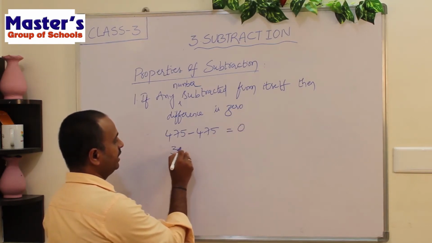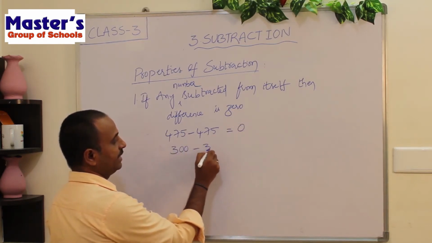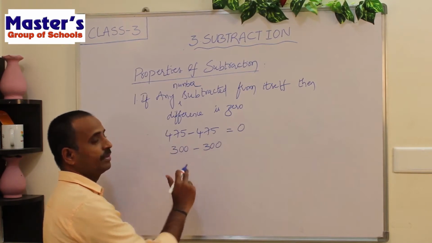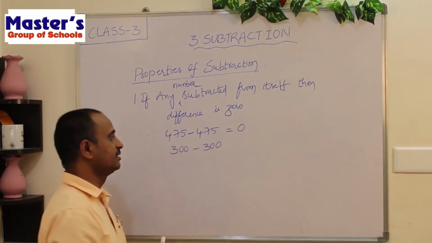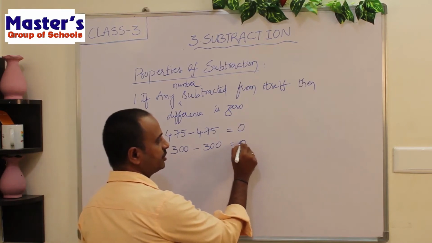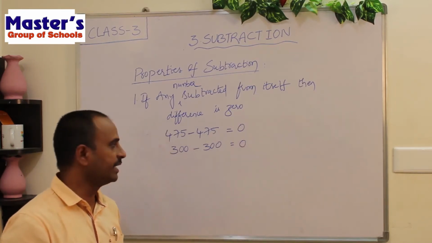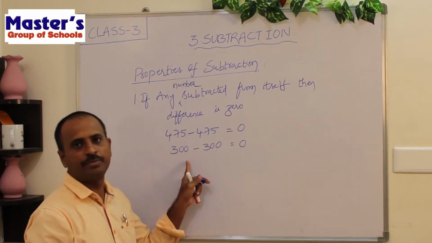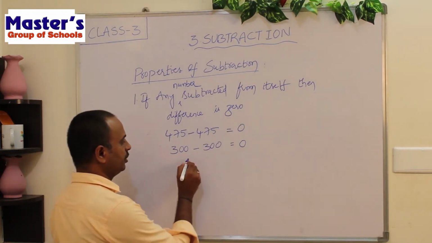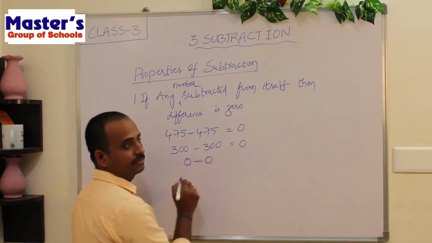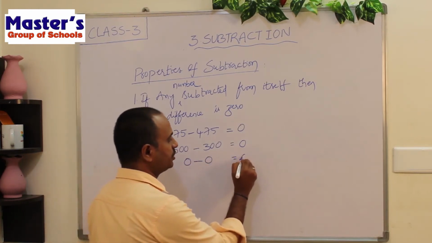Again, 300 minus 300. The two numbers are the same, so the difference between them is 0. So if any number is subtracted from the same number, the answer becomes 0. Again, 0 minus 0 is again 0.